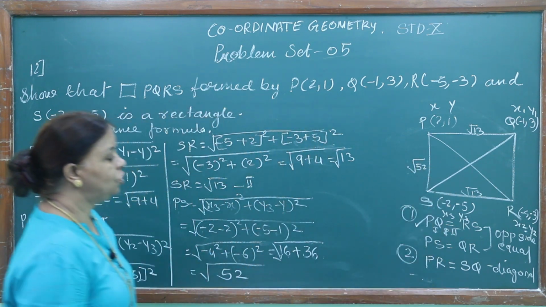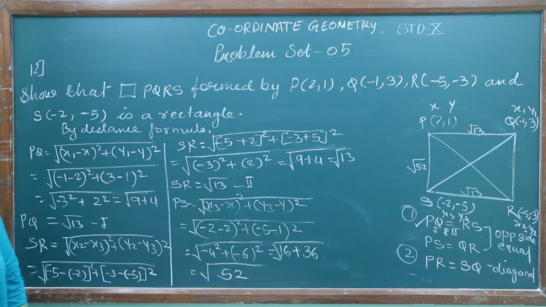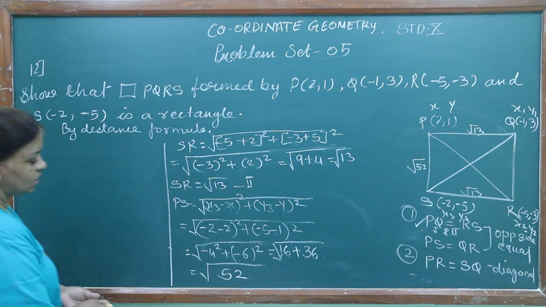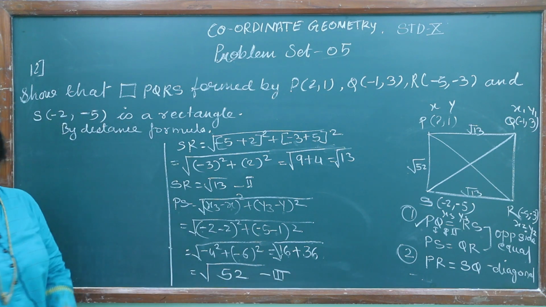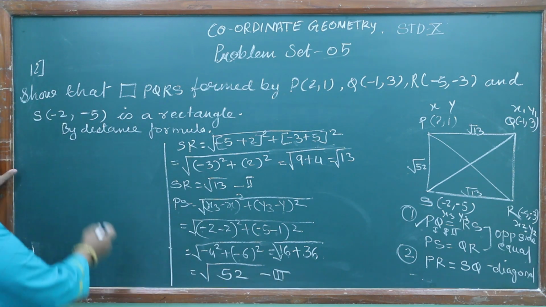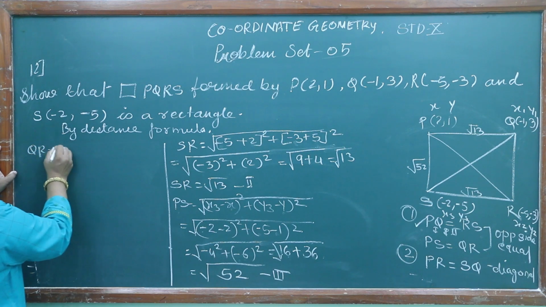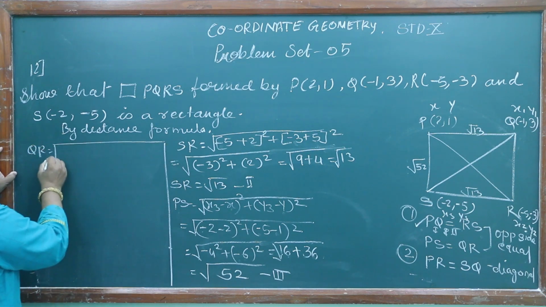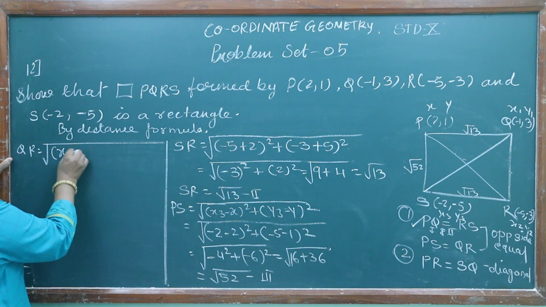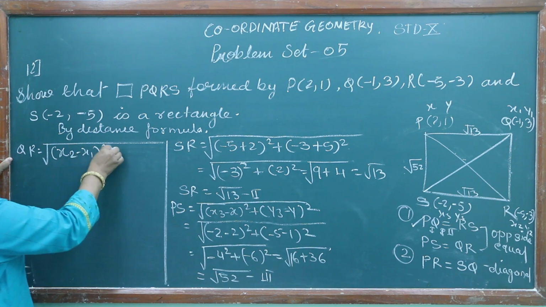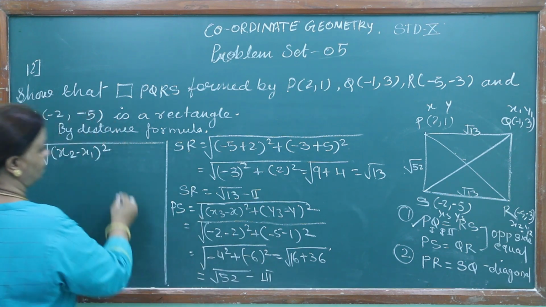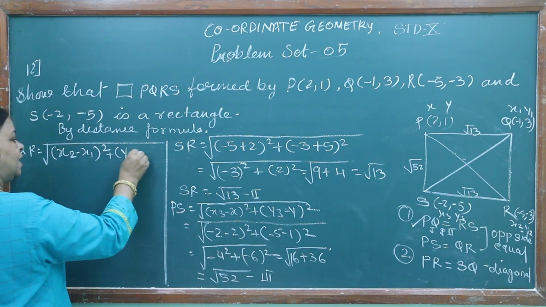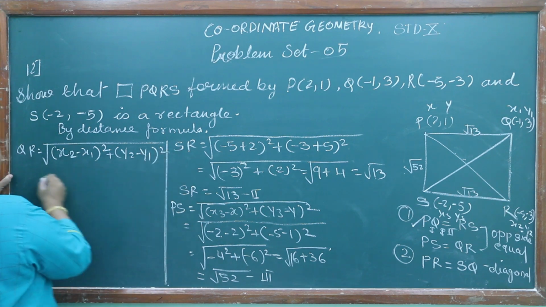Let us go for QR now. Let me rub the board, children. This is statement number 3. So QR, again by distance formula, under the root x2 minus x1 the whole square plus y2 minus y1 the whole square.